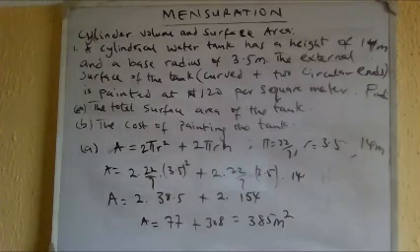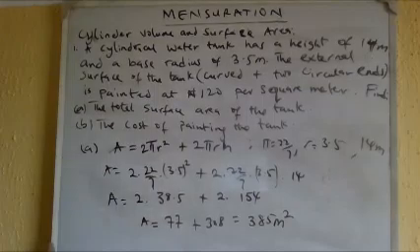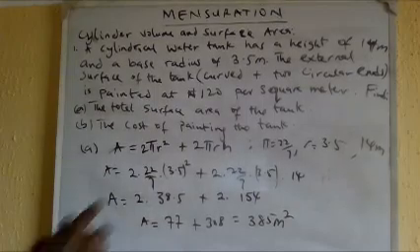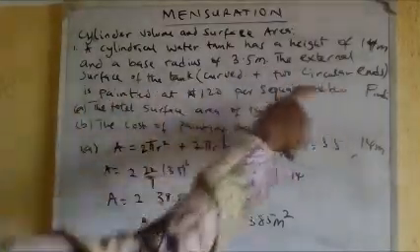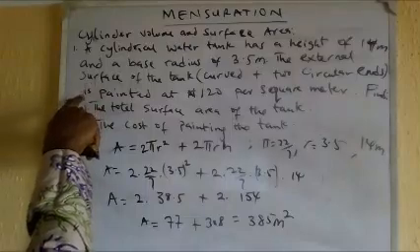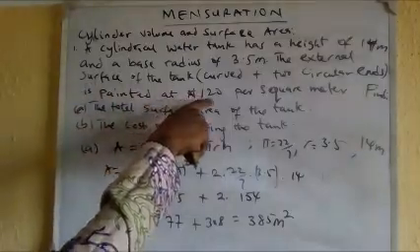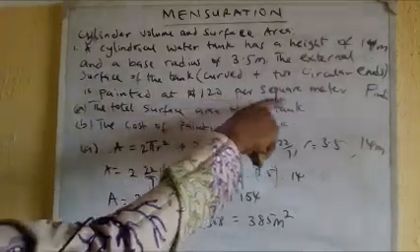Now the B part is the cost of the painting. So how much will it cost? We have gotten the total area, and they said it's painted at 120 naira per square meter.